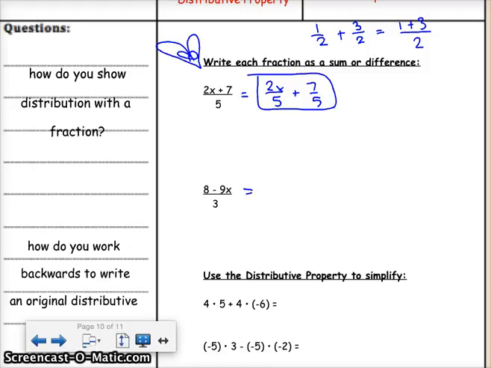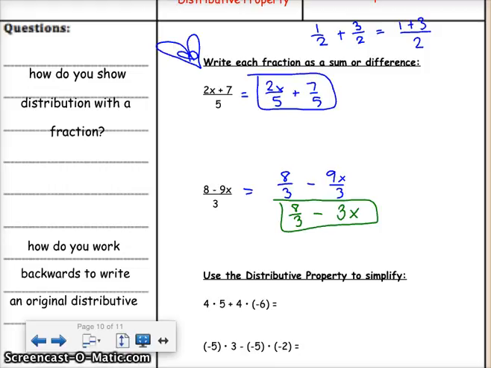So I'm going to break it up. 8 over 3 minus 9x over 3. Okay, well I can't simplify 8/3, so I'll just leave it as 8/3 minus, what's 9 over 3? 3x. And there you go.